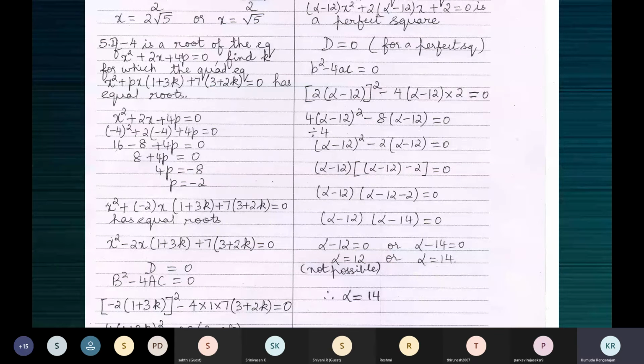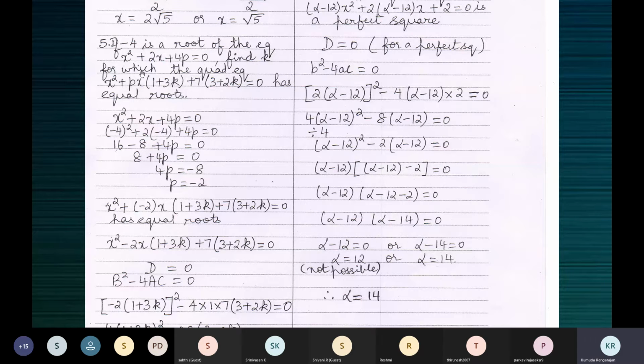If minus 4 is a root of the equation x squared plus 2x plus 4p is equal to 0, find k for which the quadratic equation, this one, has equal roots.